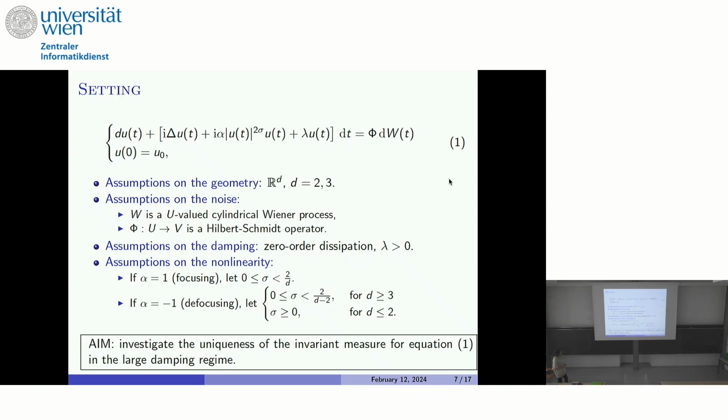For the nonlinearity, we consider the usual assumption that you have in the focusing and the defocusing case. We want to prove uniqueness of the invariant measure for this equation, and we are able to prove uniqueness of the invariant measure in the large damping regime. So at this stage, we are able to prove that uniqueness holds if lambda is sufficiently large.